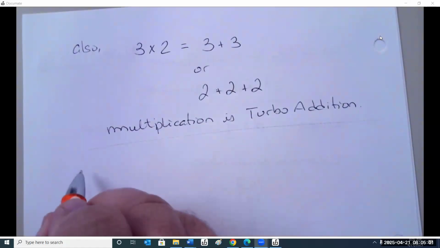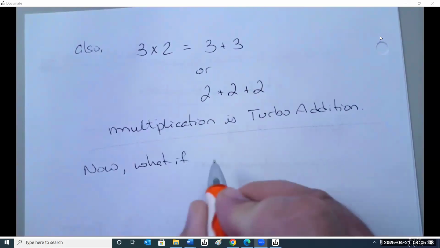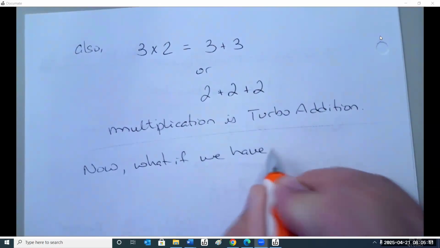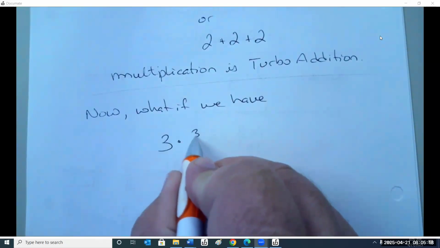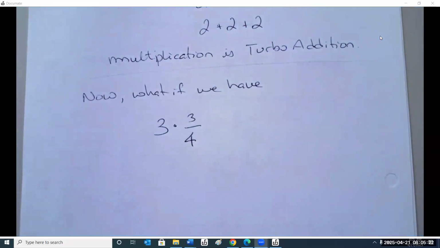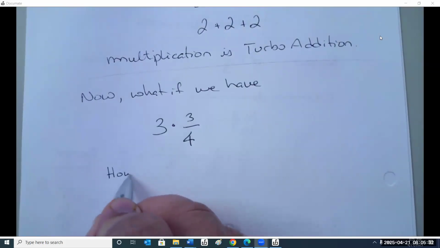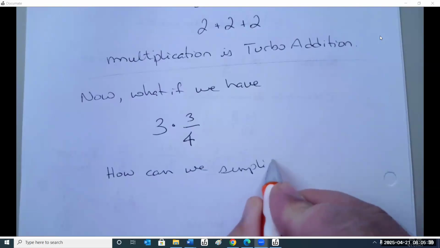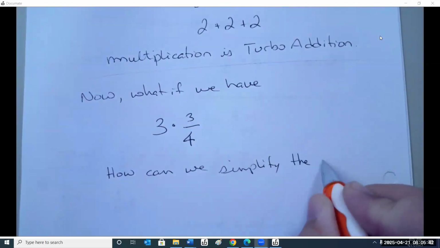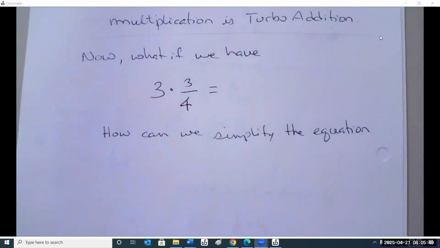So now, what if we have this equation? So 3 times 3/4 equals what?